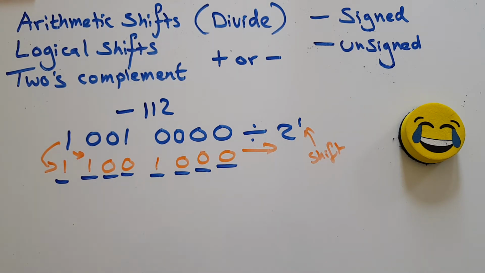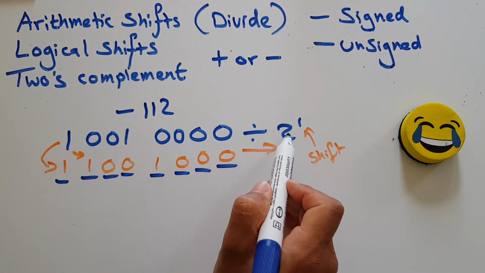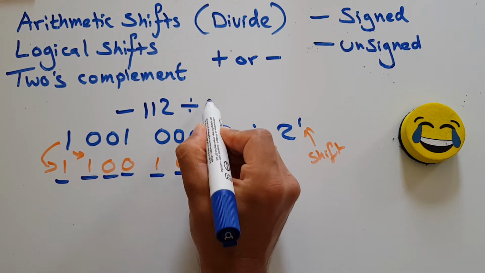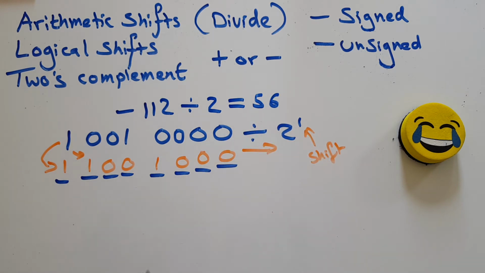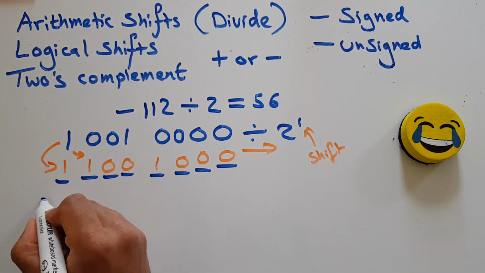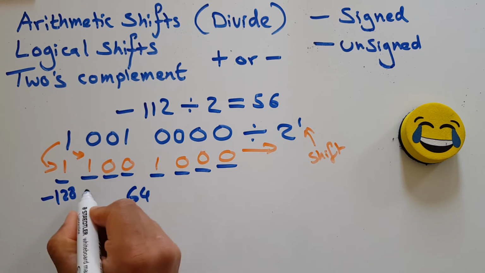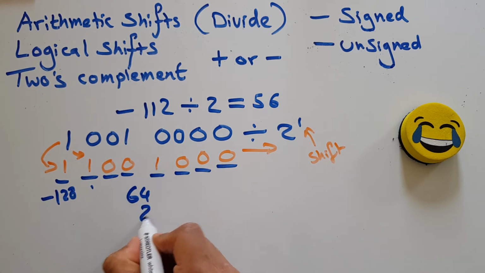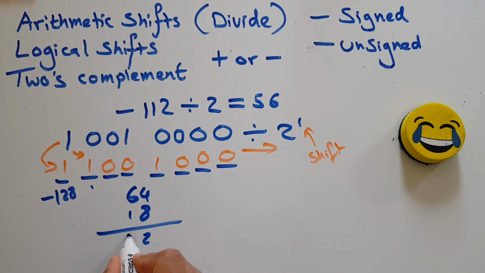So how do I know this is right? Well, let's have a look. Minus 112 divided by 2 to the 1, well 2 to 1 is 2, so minus 112 divided by 2, that should equal minus 56. So is this orange binary the binary for minus 56? Well, you just do a quick bit of maths and hopefully you can figure it out. So I know I've got minus 128, but I've got to take away from that a 64, and what's that? Just an 8. Okay, so what's 64 plus 8? That's 72.